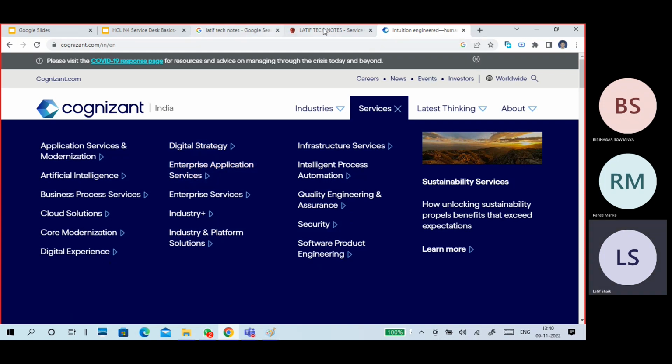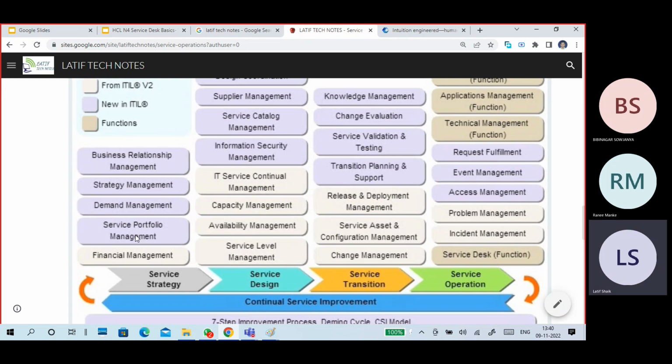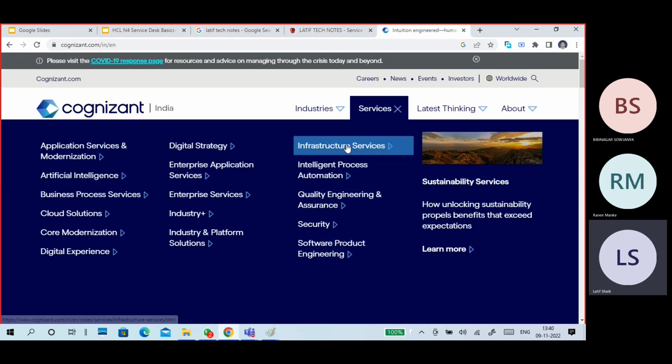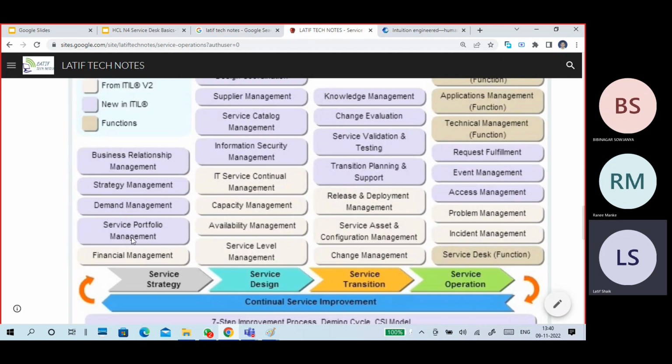So every organization provides a different set of services, and the list of services is called a service portfolio. Managing the list of services we are providing is service portfolio management. These all come under service strategy.